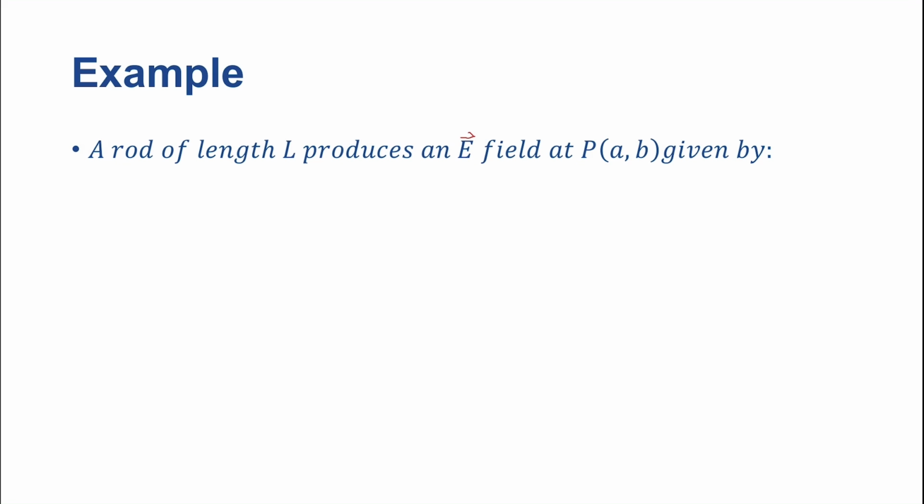So that is denoted by this expression. The electric field at a point is denoted by the integral from negative a to L minus a of lambda b over 4 pi epsilon naught times (x squared plus b squared) to the 3/2 power dx.